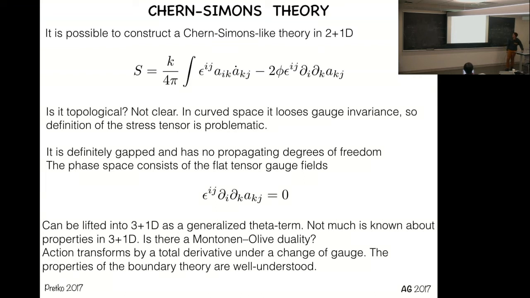It has non-propagating degrees of freedom, so it is topological in that sense. However, it cannot be placed on curved space because the gauge symmetry breaks down. So it's not topological in the sense that the partition function does not depend on curvature or on the metric. I cannot even define the partition function on curved space.